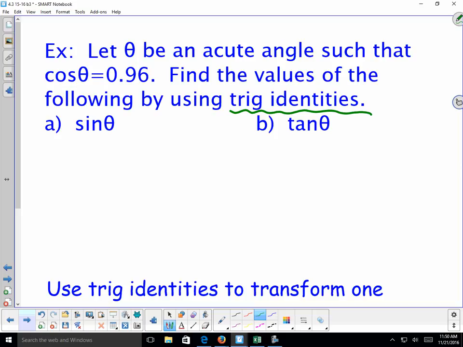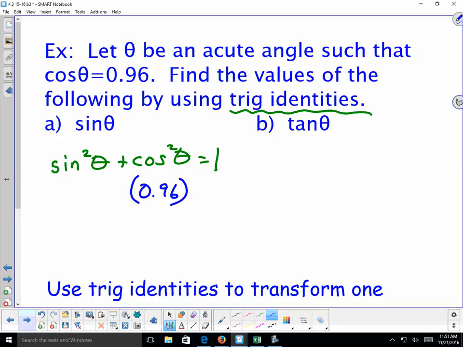The Pythagorean. Okay, so if that's our case, then we're going to plug in 0.96 for cosine, and we're going to square it, and we're going to add it to sine squared of theta, and that has to equal 1. Everybody with me?